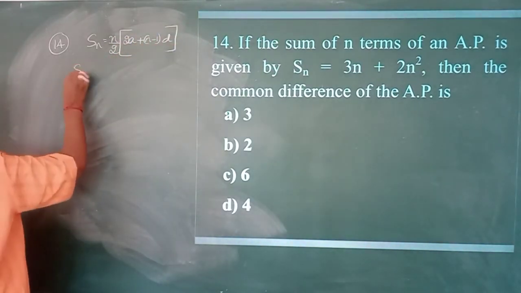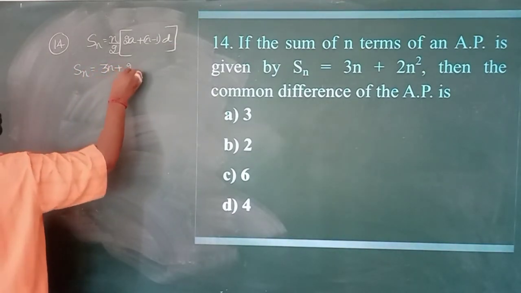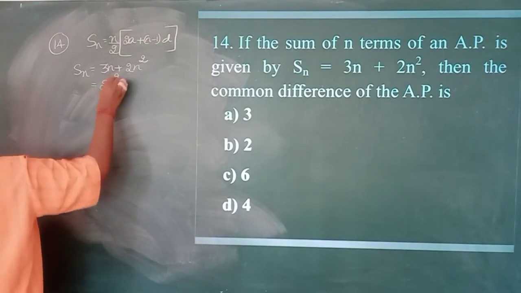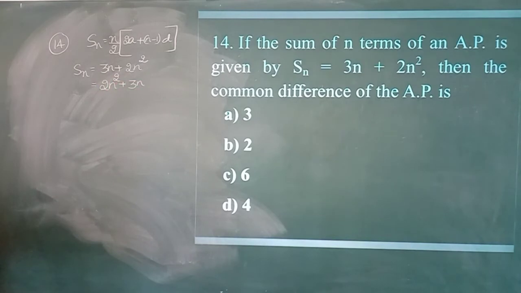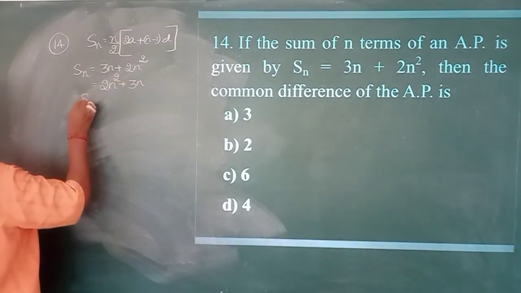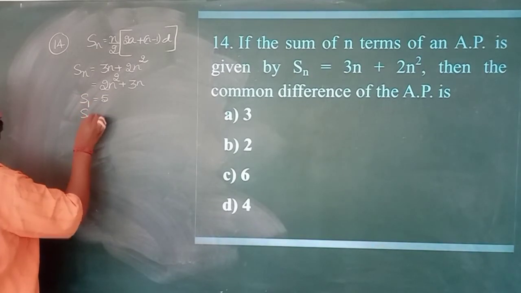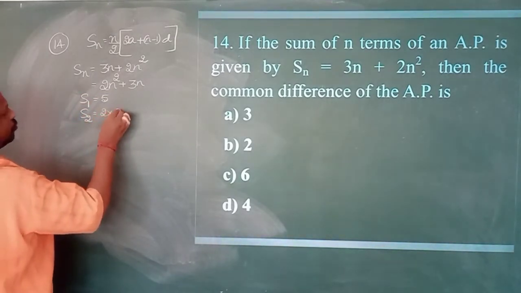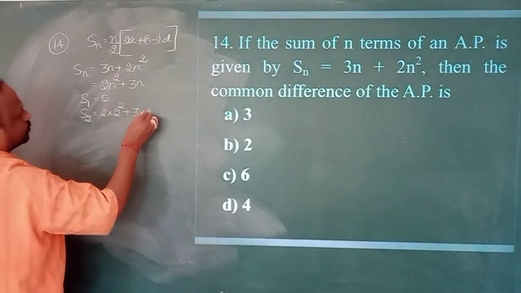They have given Sn equal to 3n plus 2n square, or you can write 2n square plus 3n. So the actual procedure is: find S1, this will be 5, find S2. So S2 will be 2 into 2 square plus 3 into 2.